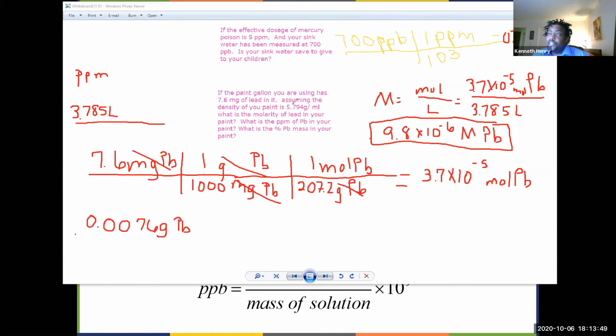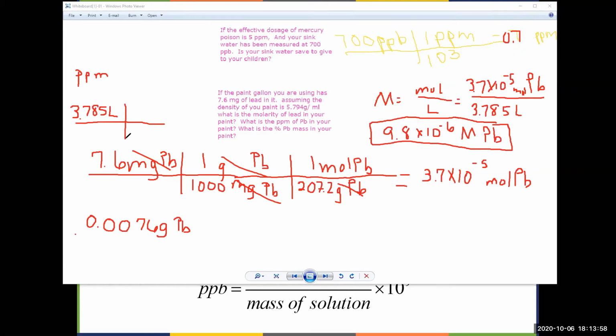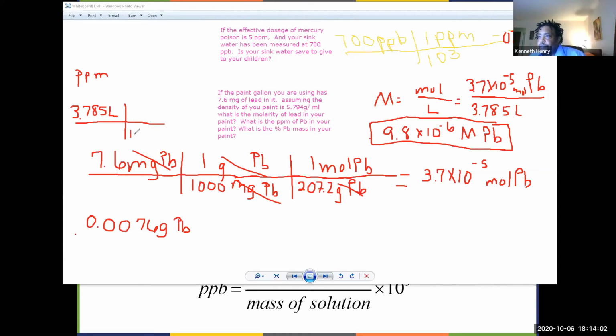And my density is in grams per milliliter. So I probably should change it to milliliters. How do I change it to milliliters? Divide by 1,000. Are you sure I'm dividing by 1,000? No, you're multiplying. Oh, multiply.